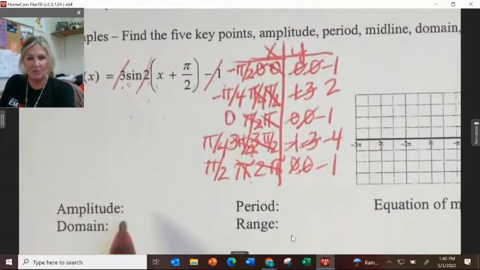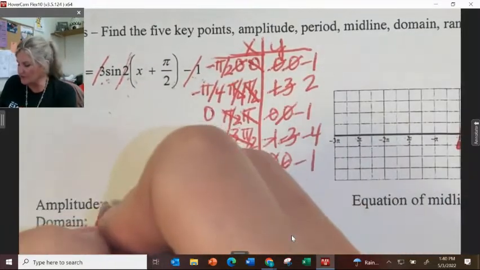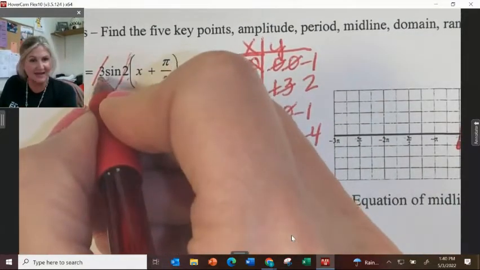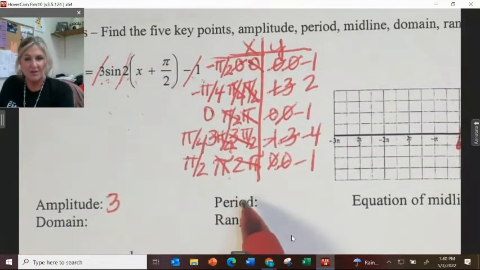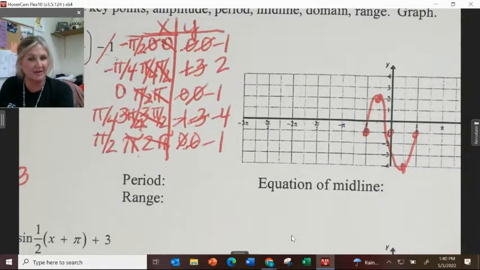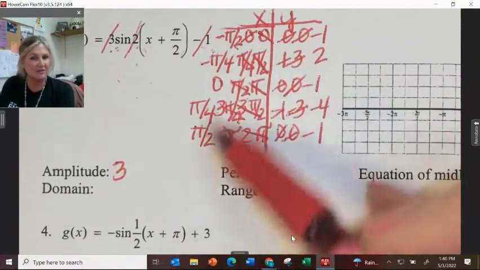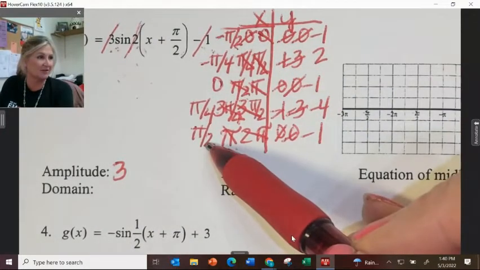For this graph, what is the amplitude? 3 is the amplitude. It's the number that's out in front, guys, that A value. The period is how long it takes for it to make one of these cycles before it starts repeating over again. How far is it from negative pi over 2 to positive pi over 2?